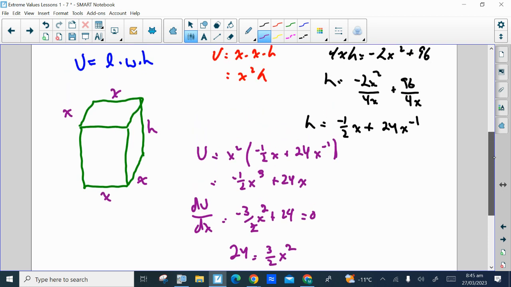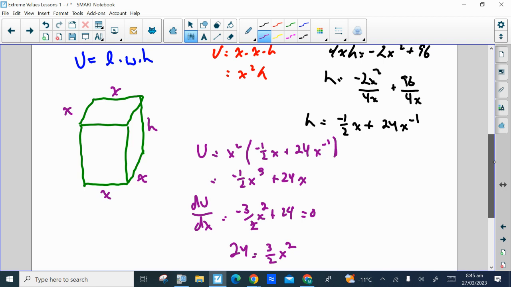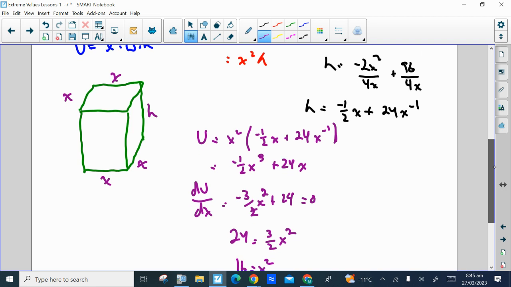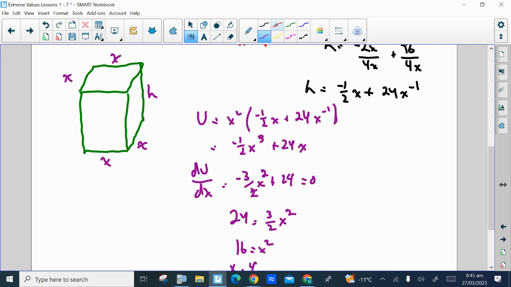And then we can figure out what the height is, because we know that the height is negative 1/2 x plus 24 over x. X is 4, so it's negative 1/2 times 4 plus 24 over 4.